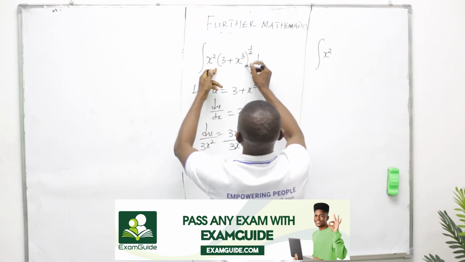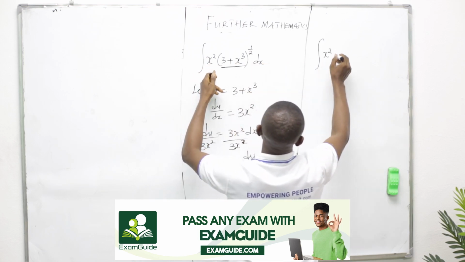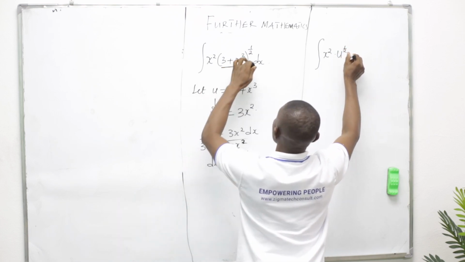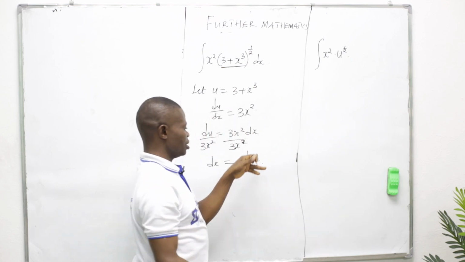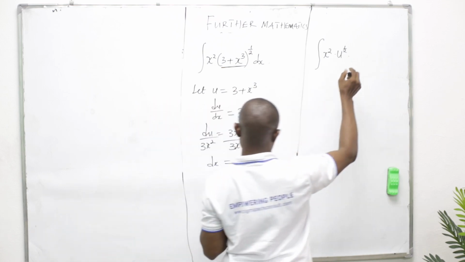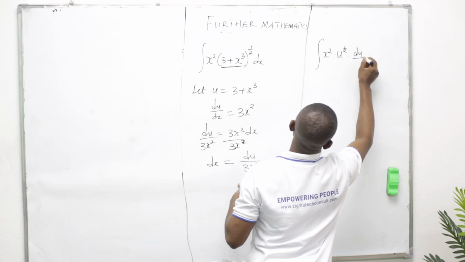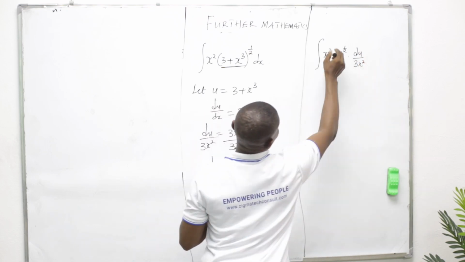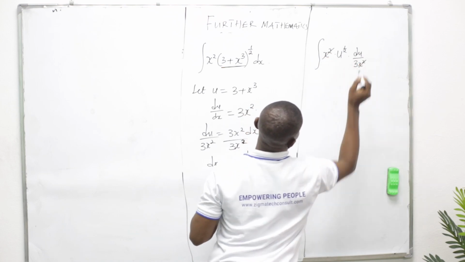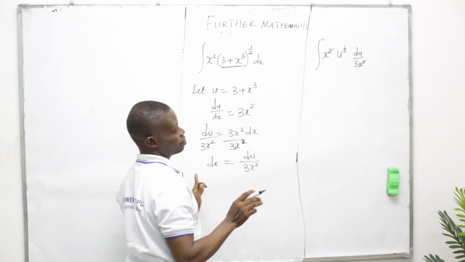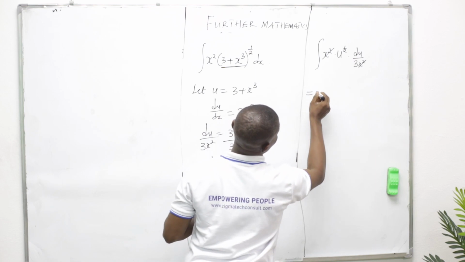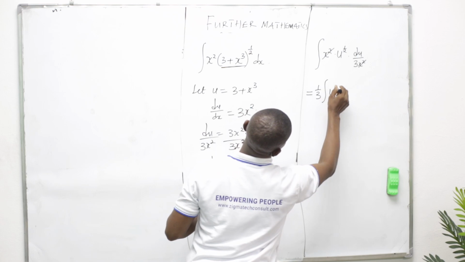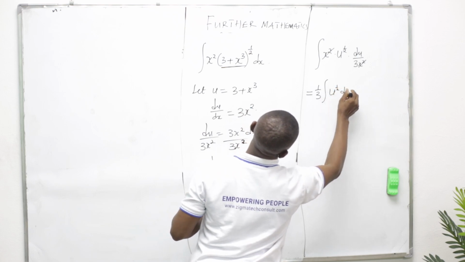Recall, you called this u, meaning u power half dx. What is dx? du all over 3x squared. Gently cancel this against this. You can see it's free now. So what do you have? Factor the constant into u power half du.